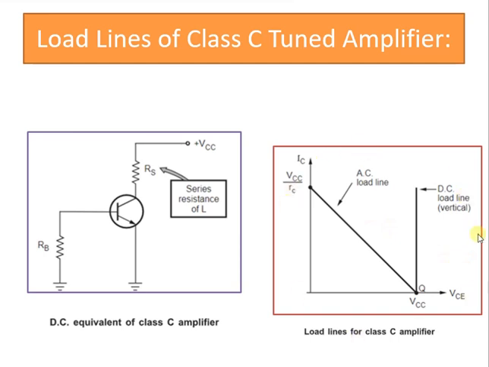Both the DC load line and the AC load line are shown in this particular graph, and only the AC load line is of much significance for us when we do the analysis.